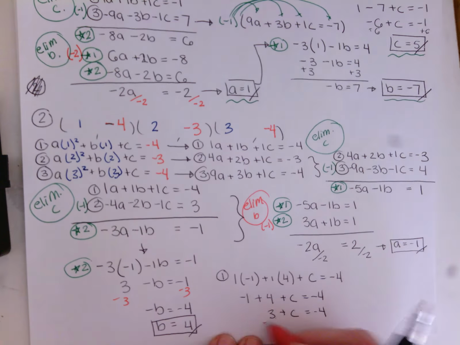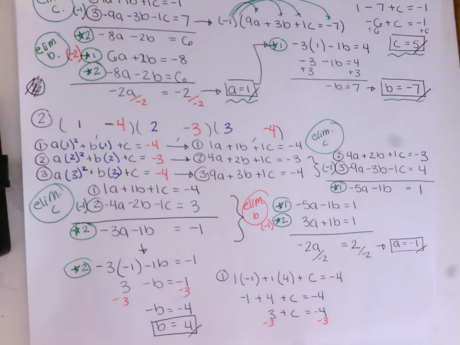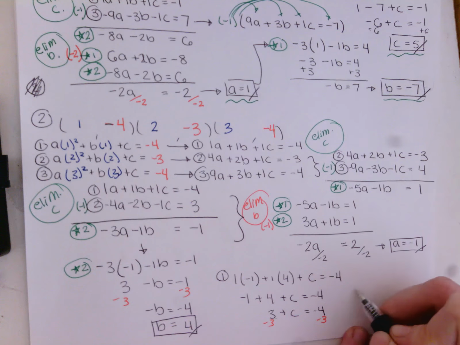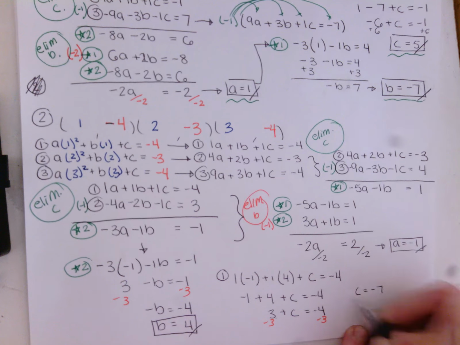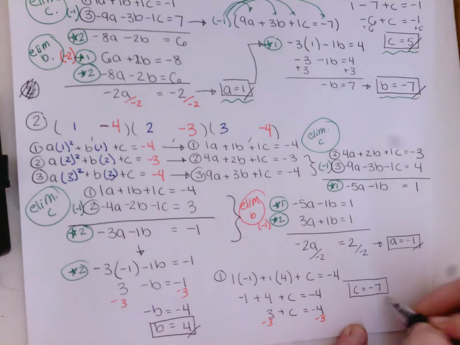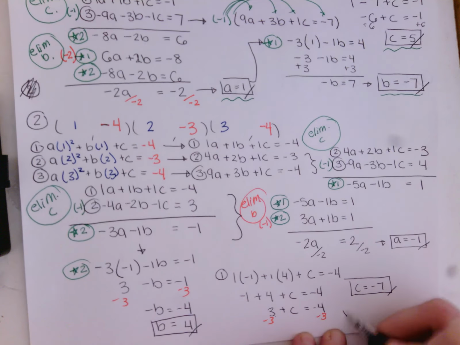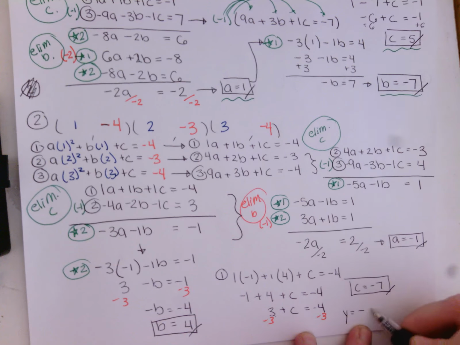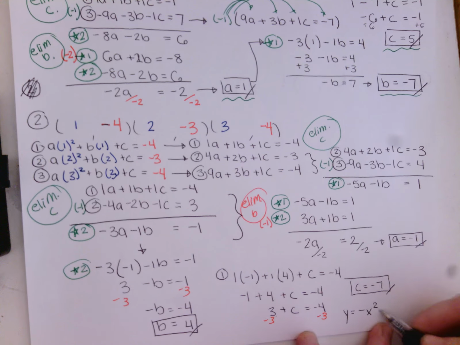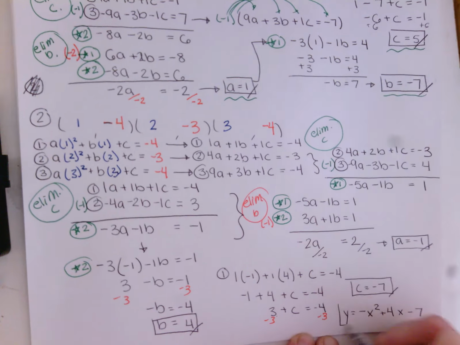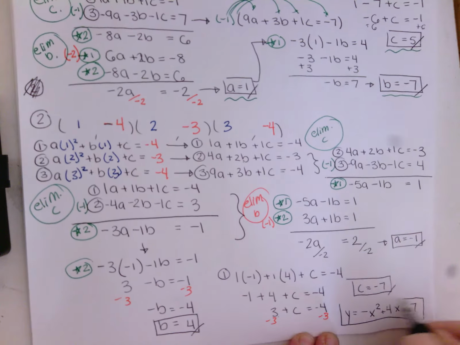I'm going to subtract 3, subtract 3. So lastly, my C is -7, giving me an equation y equals ax squared plus bx plus c.